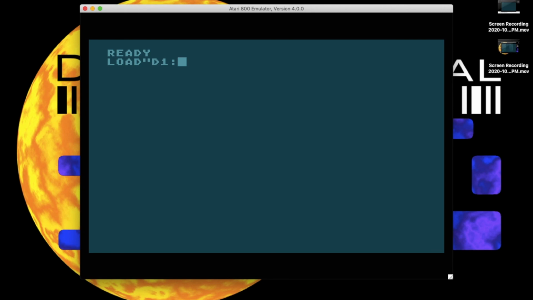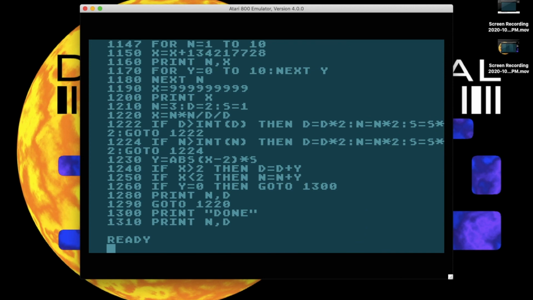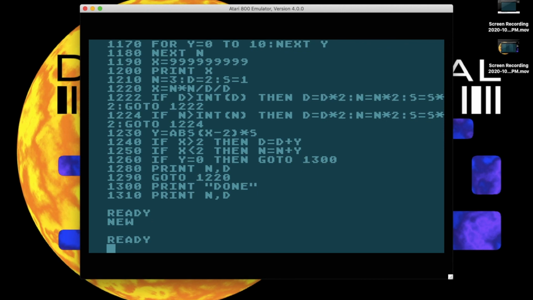So let's clean it up a bit. You don't need any of that garbage before 1200. Except for maybe GR period 0. So we can go new. And then come up to the right spot.